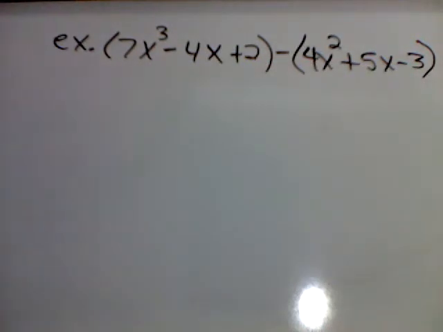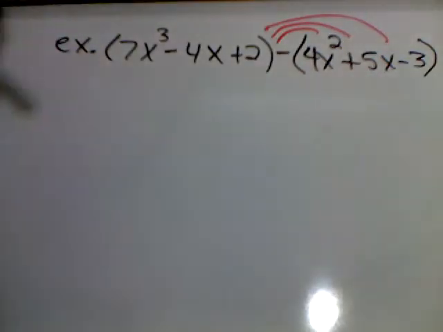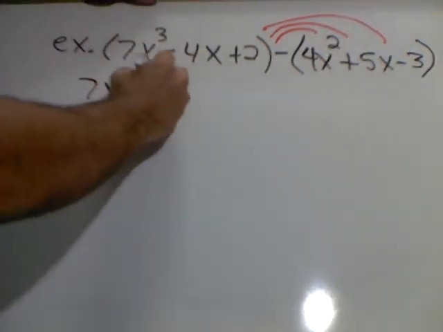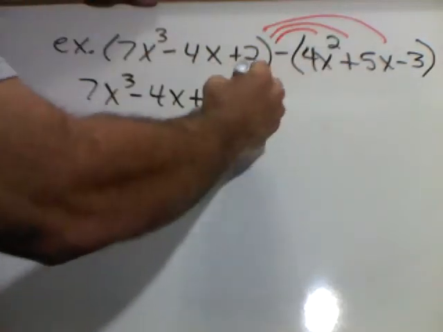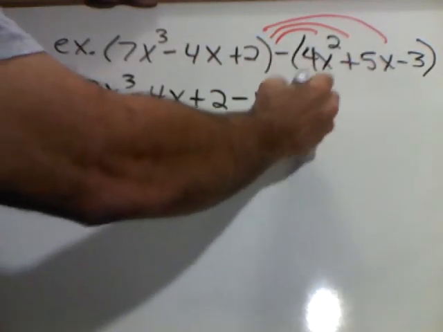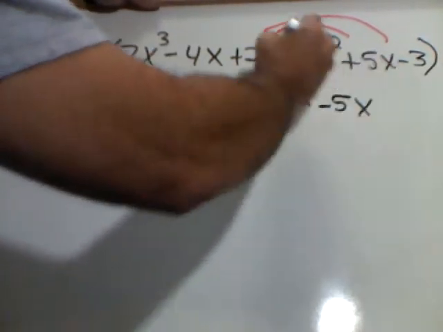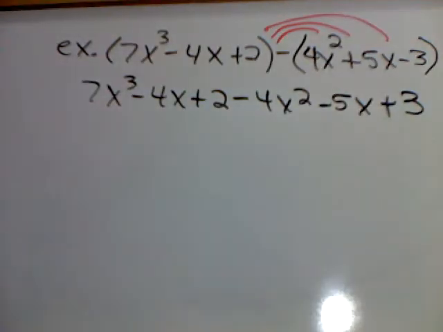Okay, so once again, I'm going to rewrite this having distributed that minus sign through the second set of parentheses, giving me 7x cubed minus 4x plus 2. Negative positive gives me a negative 4x squared. Negative positive gives me a negative 5x. Negative negative gives me a positive 3.